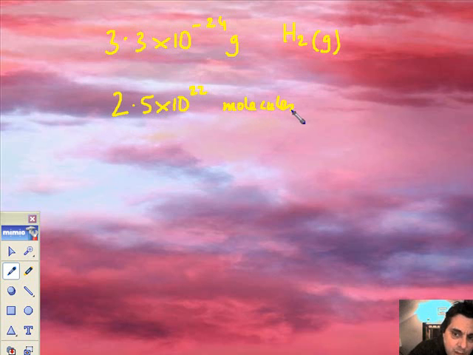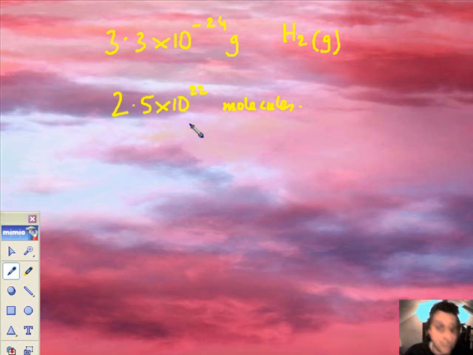So 1 litre of this particular gas contains this many hydrogen molecules. As you can see, it's better than writing 25 followed by another 21 noughts. It makes it very cumbersome, plus you lose track of how many noughts you've written down on the paper anyway.